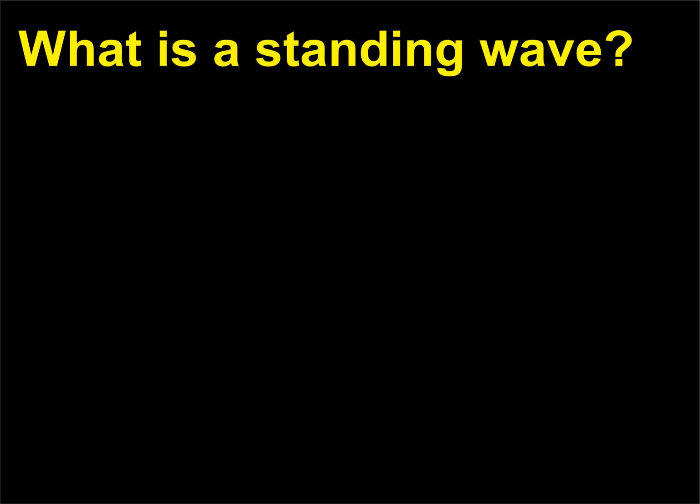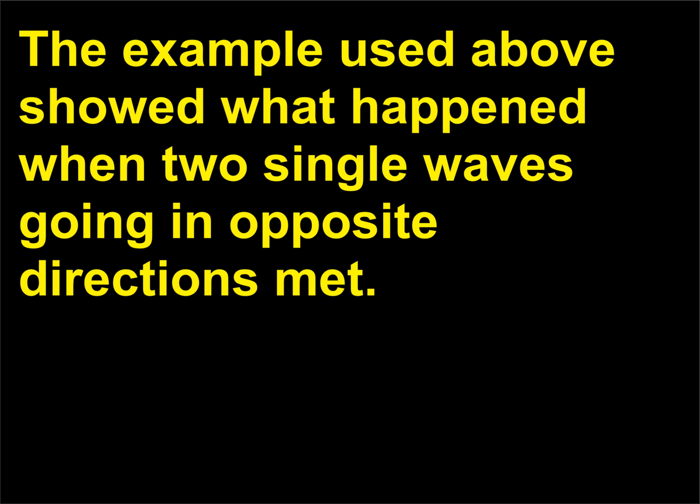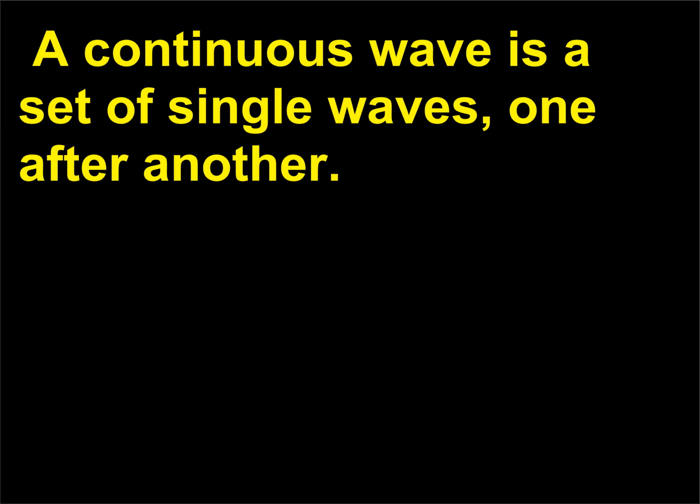What is a standing wave? The example used above showed what happened when two single waves going in opposite directions met. A continuous wave is a set of single waves, one after another.